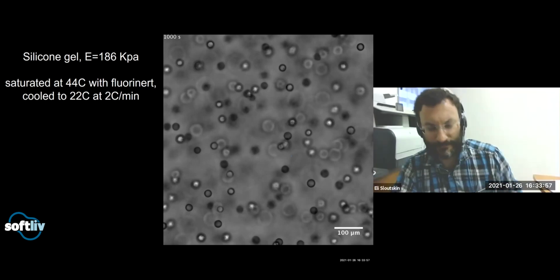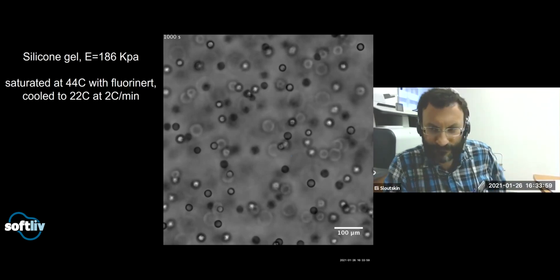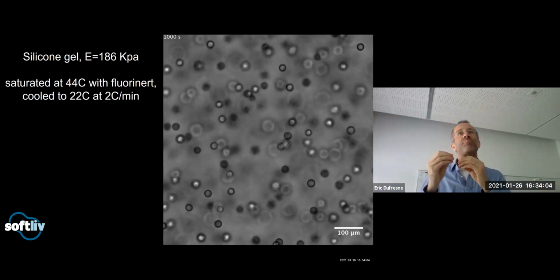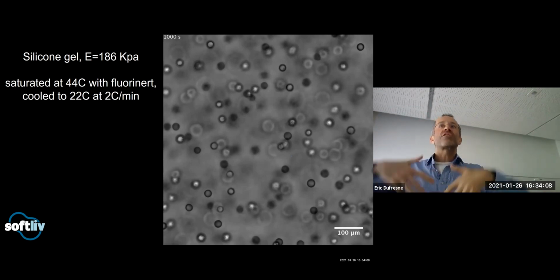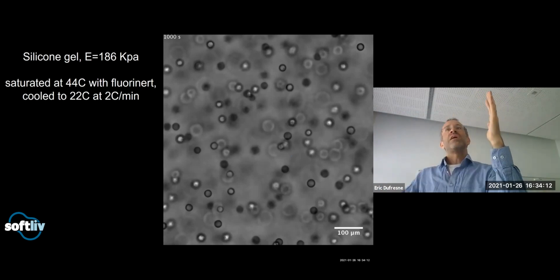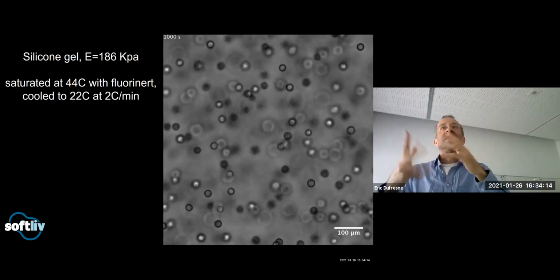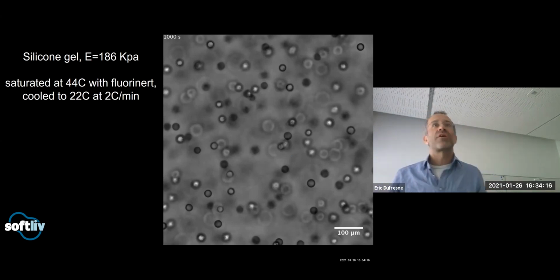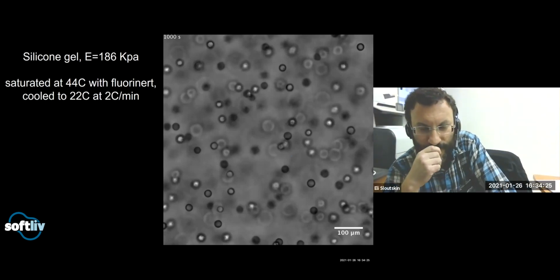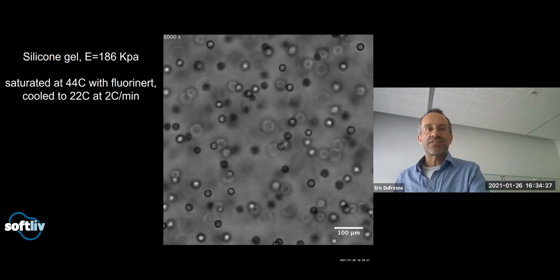So I have PDMS polymers that are cross-linked that give my network elasticity. And they also have PDMS polymers that are not cross-linked, and they're swelling my network. And then when I introduce the fluorinated oil, it is mixing with the uncross-linked PDMS, okay? And then I push that and those guys separate. Thanks. Yep. All right. Okay, so moving forward, we can make these droplets inside of this elastic network.